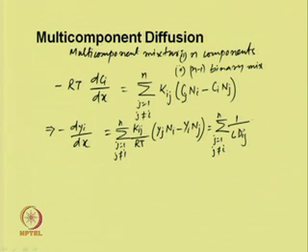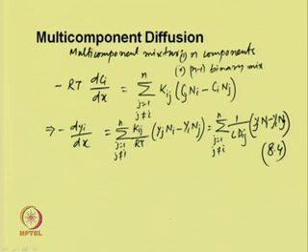From the definition of diffusivity we can substitute (y_j N_i minus y_i N_j). So, this is equation number 8.4.